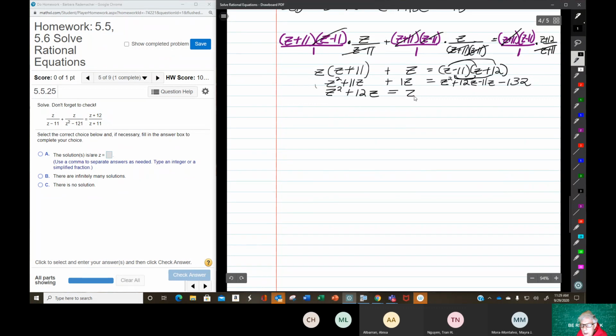I'll have Z squared plus 12Z minus 11Z is going to be 1Z plus Z. That's right. All right, minus 132. So that's what I've got right now.